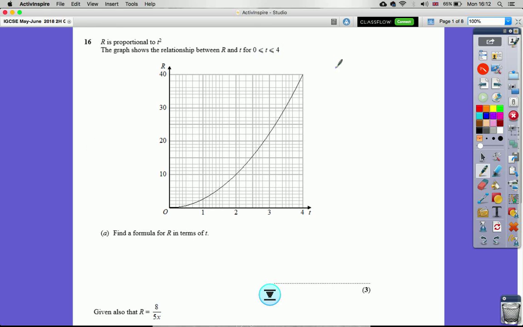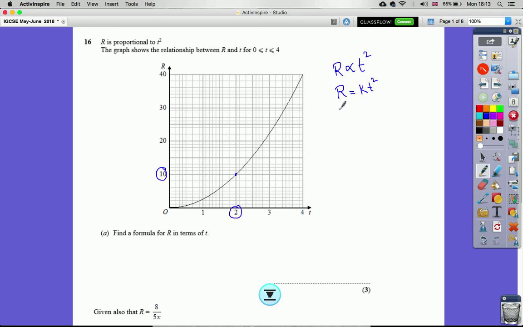So let's start off by doing R is proportional to T squared, or I can write R is equal to K T squared. Now if I get one set of values for R and T, I can find out the value of K. So let's say when T is 2, R is 10.